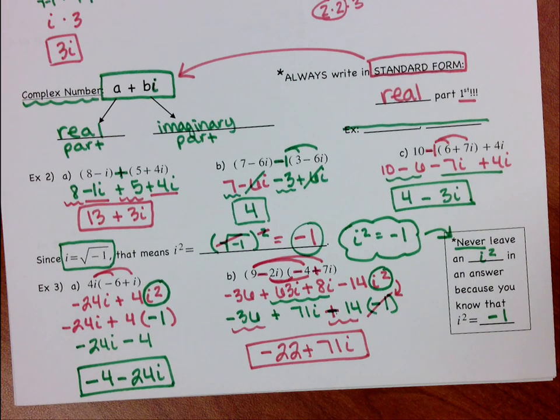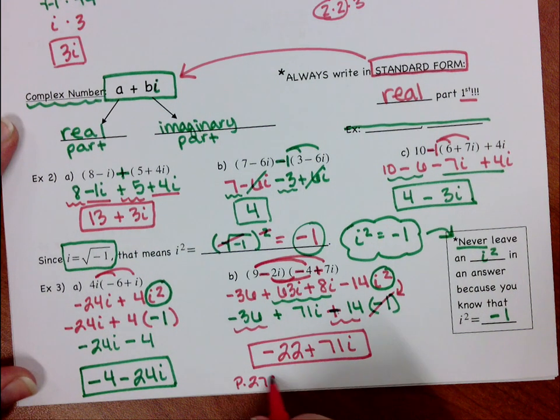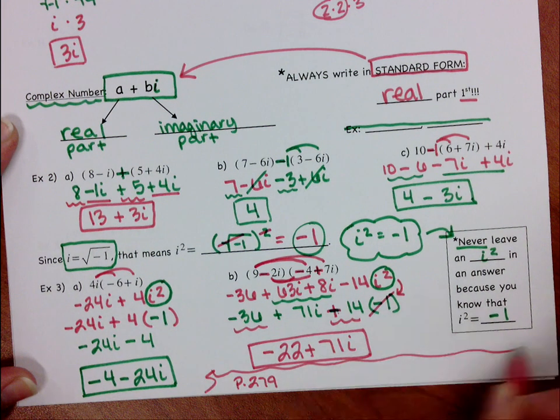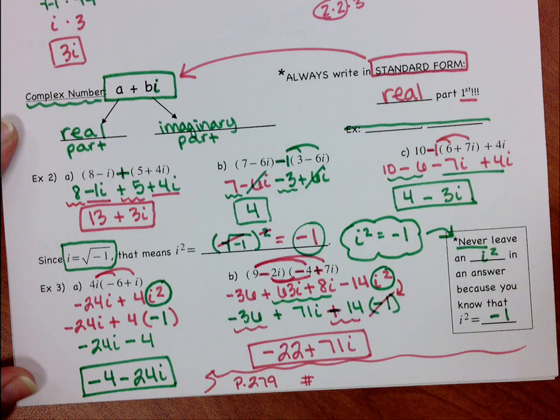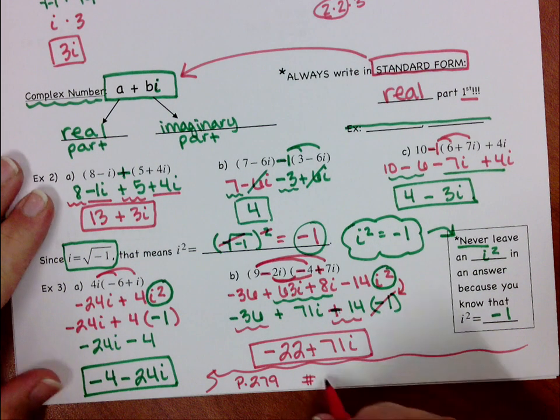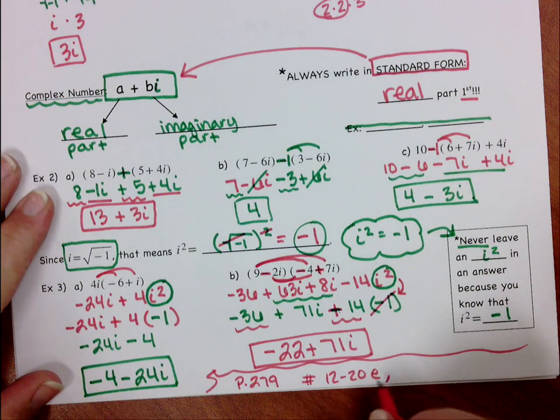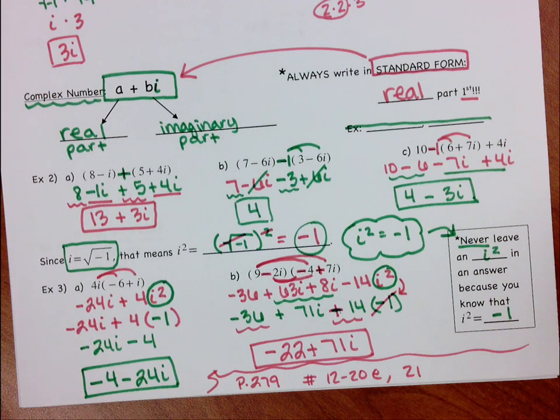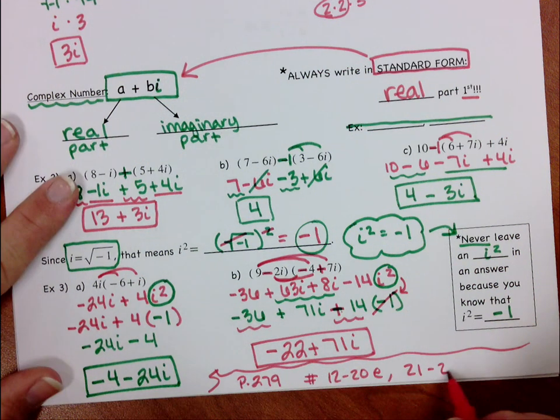Okay, so your assignment is in your book. Your assignment is on page 279. Make sure you number it, label it as complex numbers, 4.6a, and we are doing 12 through 20 even, and 21 through 27 all.